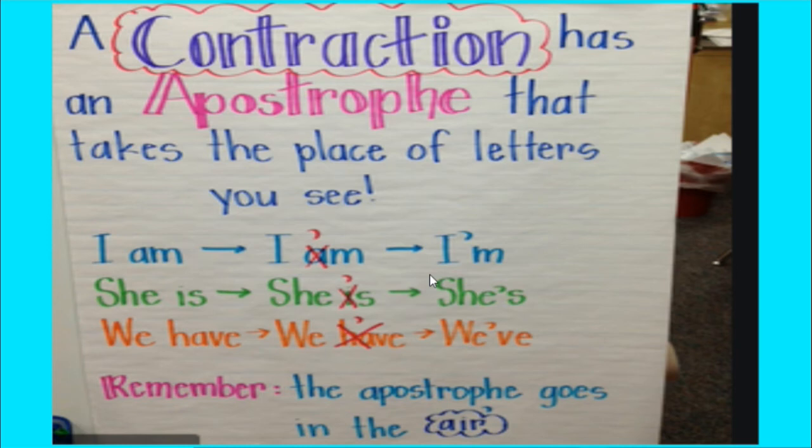So instead of saying she is, we remove the I and we say she's. There we use the apostrophe, right? Because the apostrophe takes the place of the letters and makes them into one word. So we have, and then we add the apostrophe, we remove the HA and we say we've, right? So I explained to them that the use of apostrophe here is to replace letters. It takes the letters to make the word shorter and make it into one word.